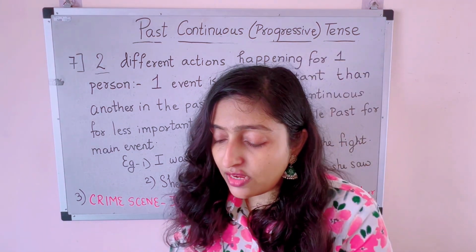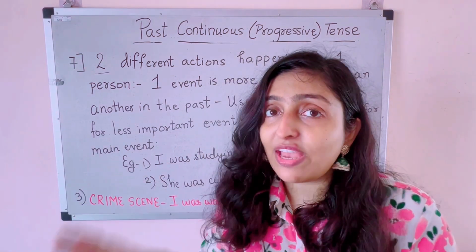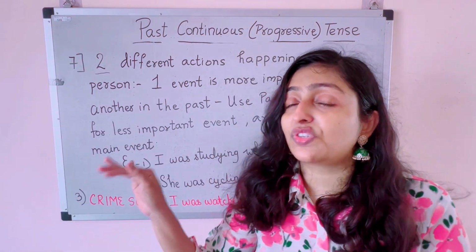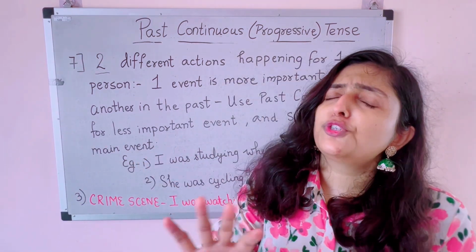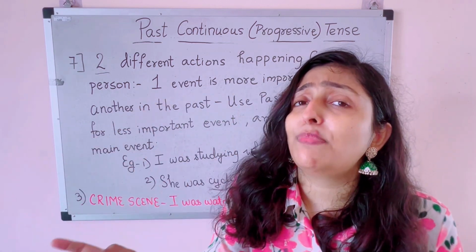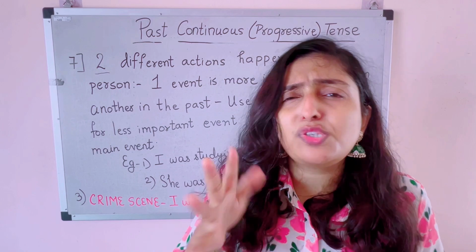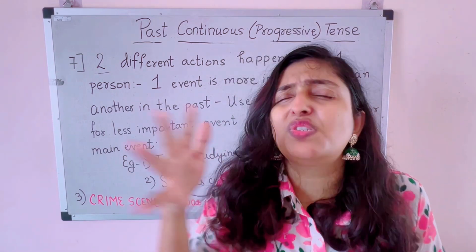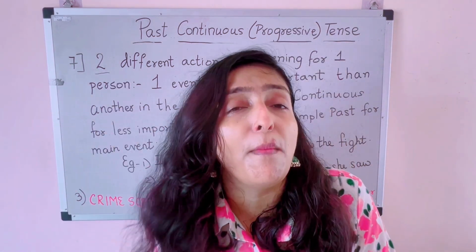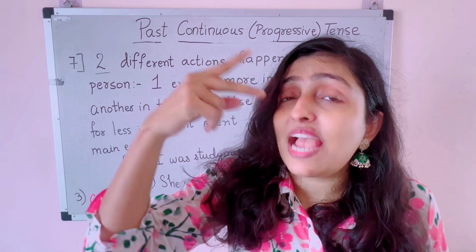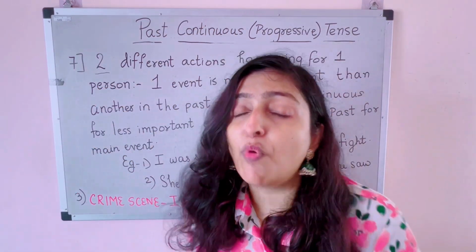Did you understand? So there are two events that are taking place in this rule, and those two events are happening for one and the same person. One event is not important, it is silly or trivial or less important. The second action is the main, important one.